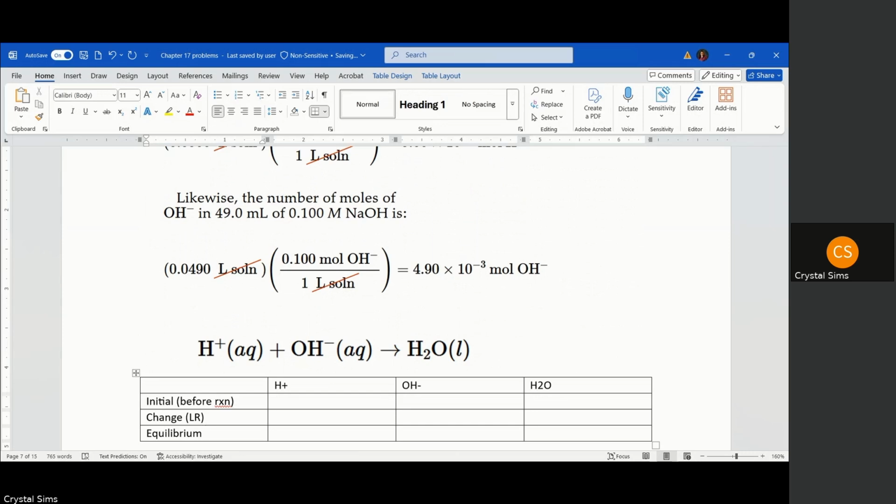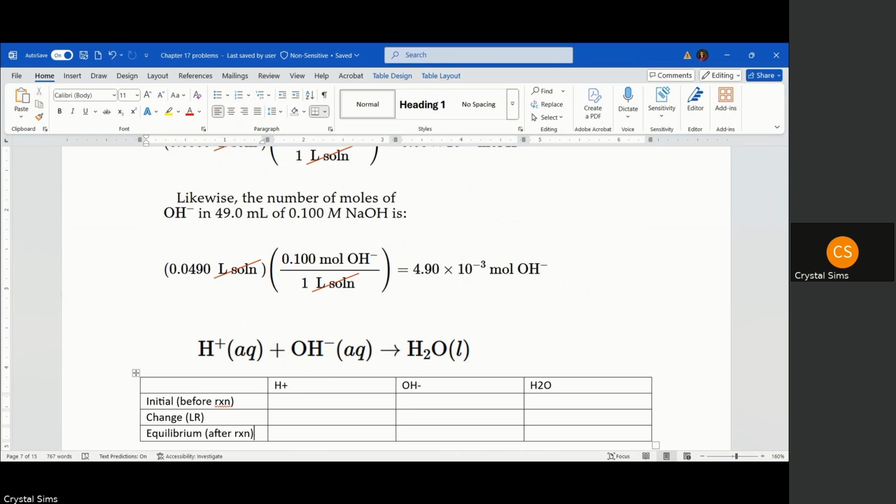And then we'll have equilibrium, which we consider to be after the reaction. When we look at what's actually happening here in the reaction, the hydrogen ions and hydroxide ions will combine to form water.